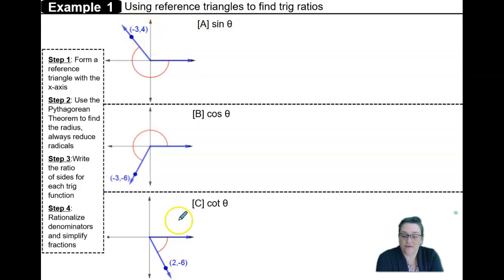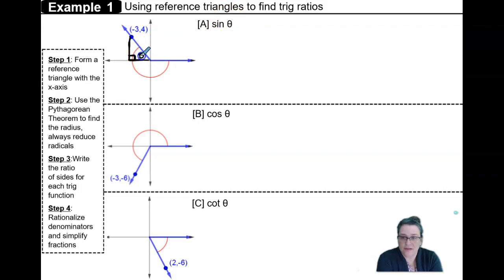-3, 4. So when I create my perpendicular line to form a right triangle, I'm going to go to the x-axis, and that forms a reference triangle with my right angle here. Then my central angle, theta, has to be an acute angle.